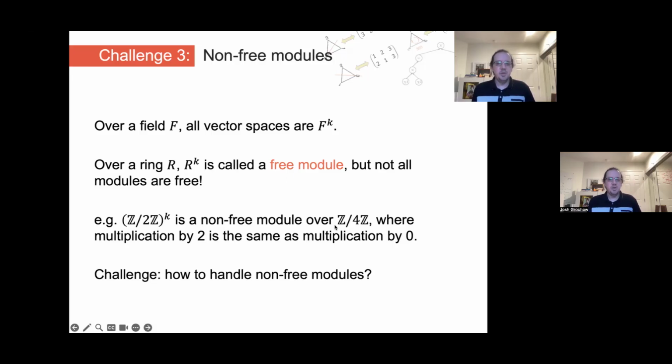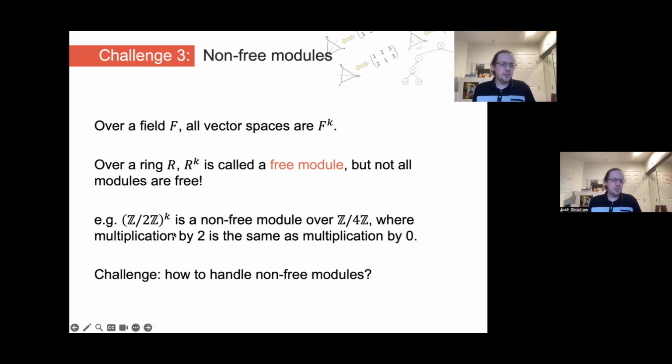So for example, if your ring is the integers mod 4, you can still look at the abelian group (Z mod 2Z)^k. So this is like k-tuples, but now of integers mod 2, not mod 4. So you can take linear combinations of those, but you can also use Z mod 4 as scalars on this group, just where multiplication by 2 as an element of Z mod 4 is the same as multiplication by 0.